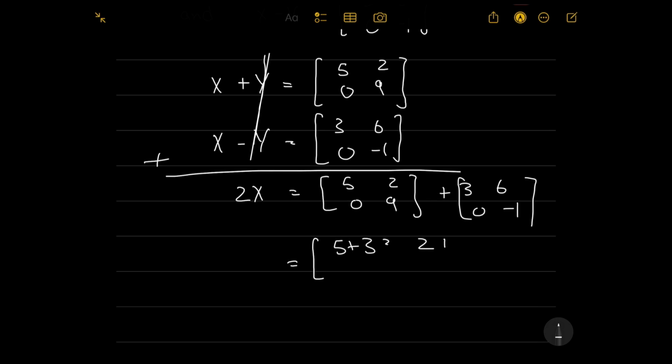So we'd add these both. 5 plus 3, then 2 plus 6, 0 plus 0, 9 minus 1.